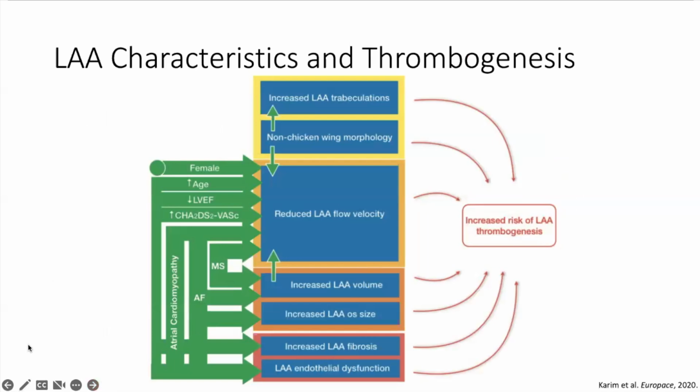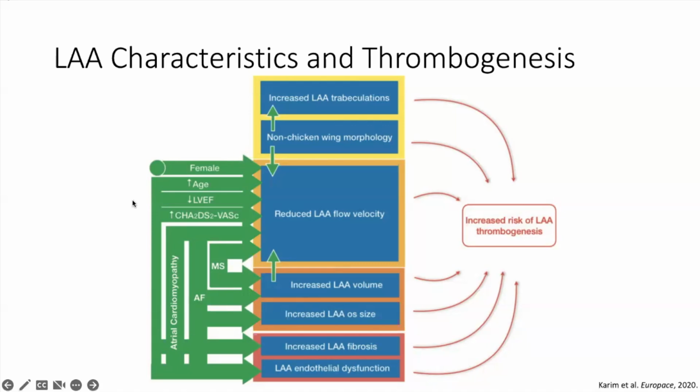There have been studies looking at, in addition to the traditional risk factors for stroke in atrial fibrillation, how the left atrial appendage characteristics also contribute. On the left here in the green, we have those traditional risk factors that we think about when risk stratifying people with atrial fibrillation for stroke.